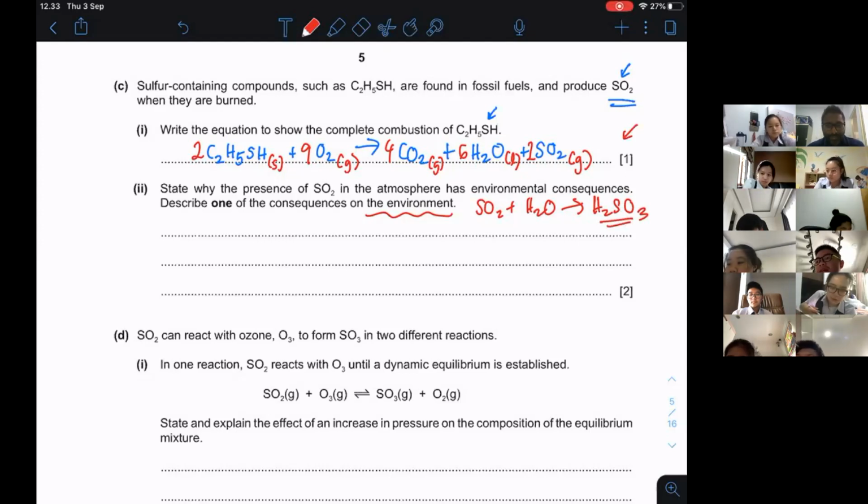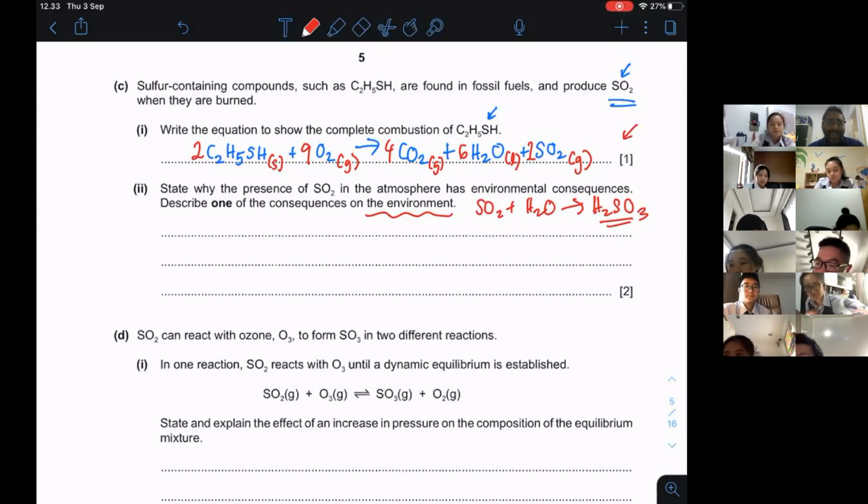The consequence. It's going to corrode the building. What is the consequence? Lightning. No? How come having SO2 will cause lightning?